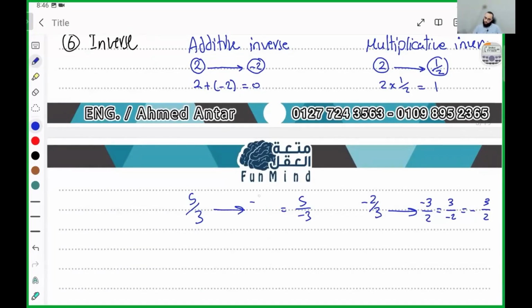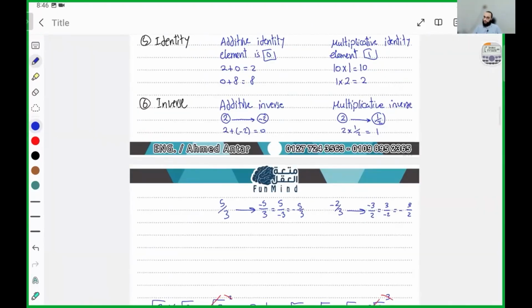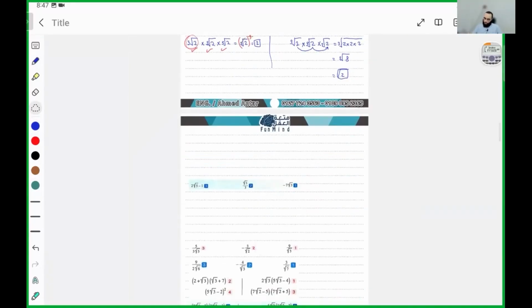No, both are correct. This equals this, equals this. All three ways are correct. Yes, you can put the negative up, you can put the negative down, and you can put the negative alone. Okay.